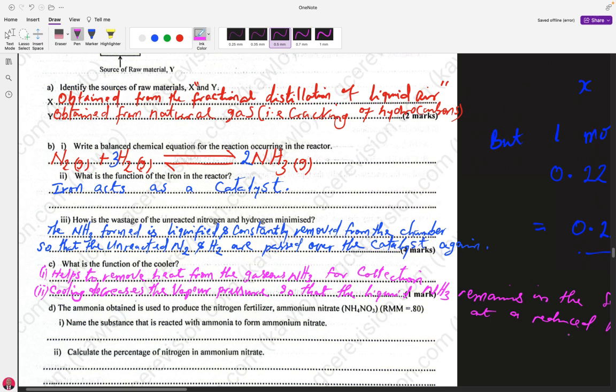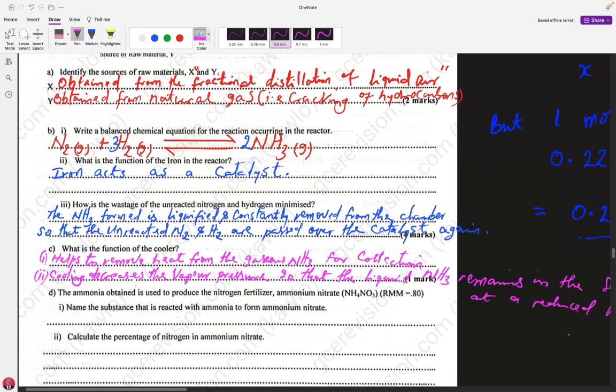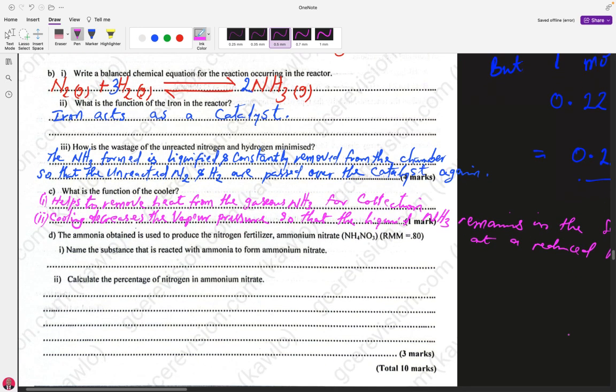Now, the ammonia obtained is used to produce the nitrogen fertilizer called ammonium nitrate. It has a molar mass of 80. Name the substance that is reacted with ammonia to form ammonium nitrate.